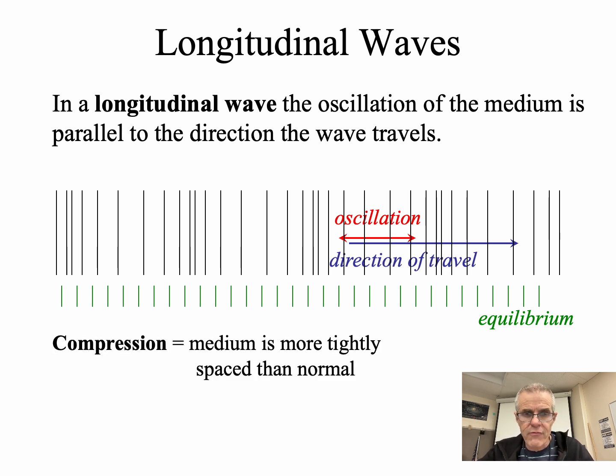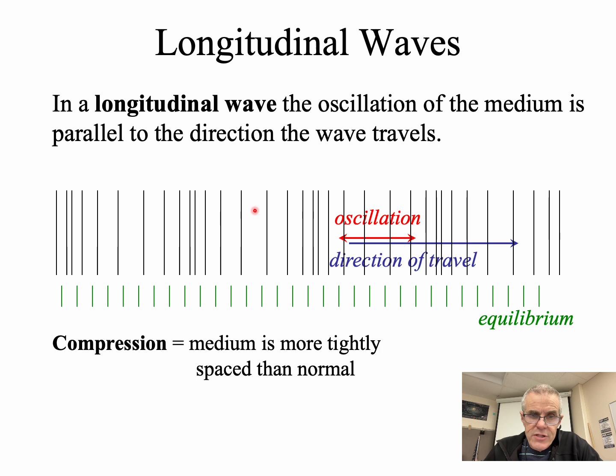Compressions are regions in the wave where the medium is squished together, basically, hence the word compress and compression. So if I use my pointer, this would be a compression right here. Notice my bars are closer together than they would be when there's no wave. So that's what we mean by compression.